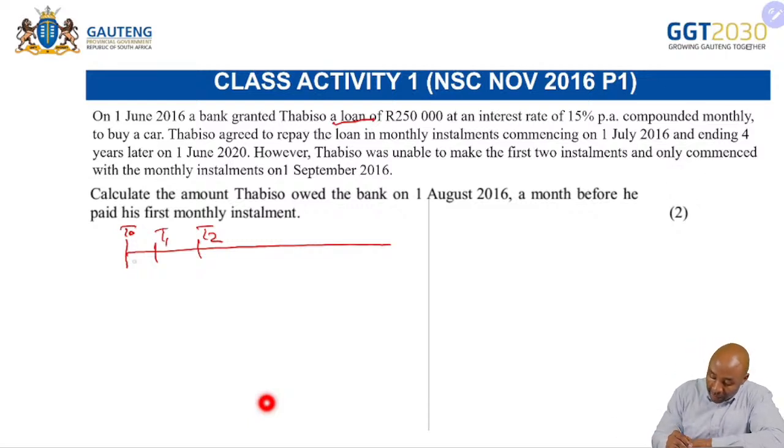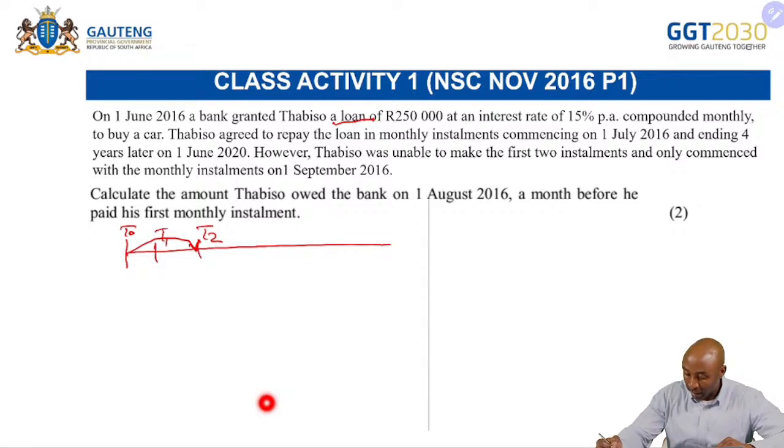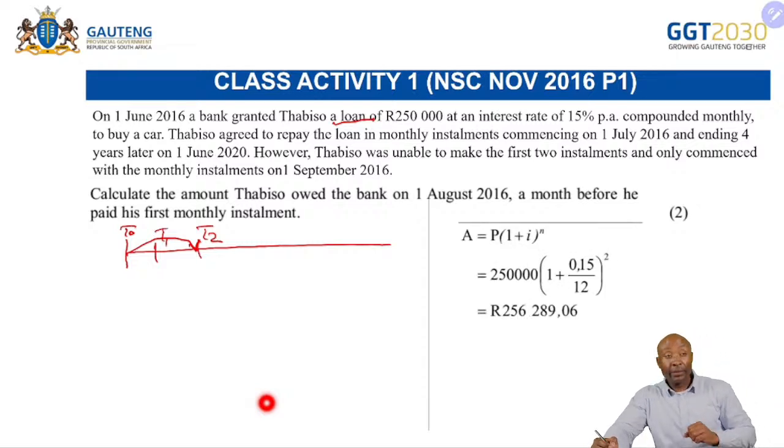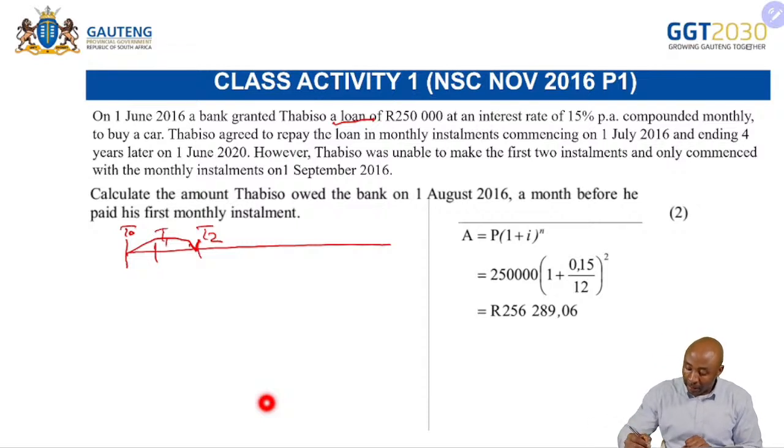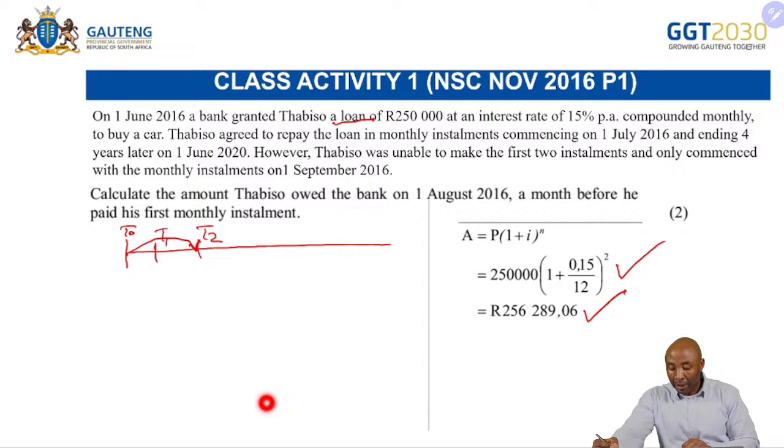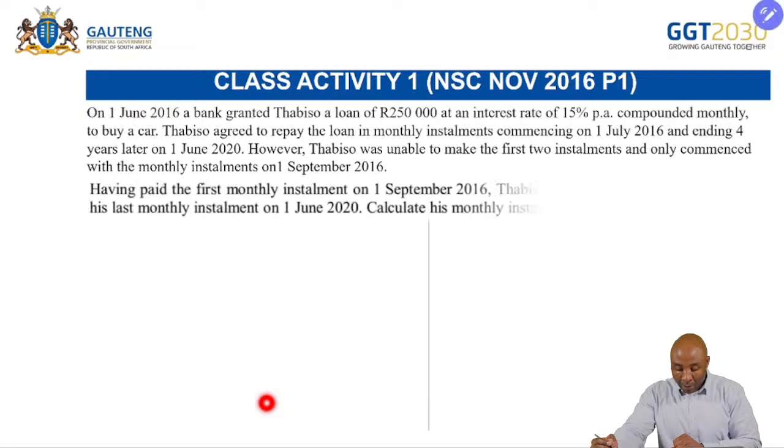So we know that from T0 up to T2, we are compound growing. So we'll compound grow that 250,000 over 2 months, and that will give us the answer there. You'll get a mark for substitution and a mark for the answer. So the loan was 250,000. For skipping 2 months, he's now owing 256,289.06. We move on now to the next question.